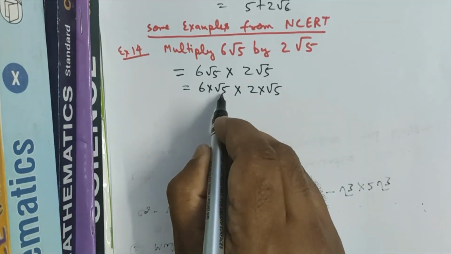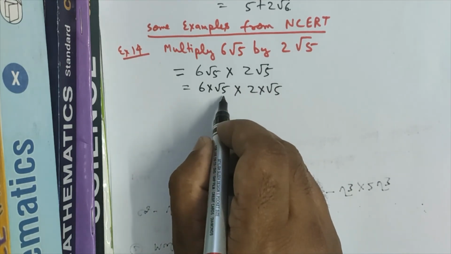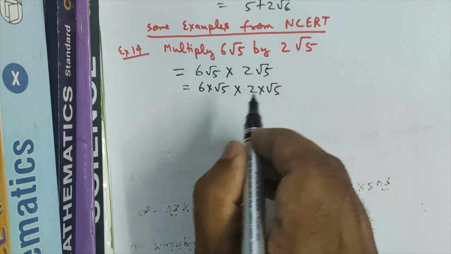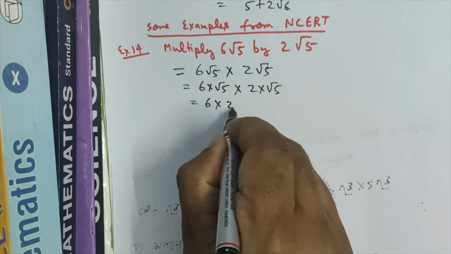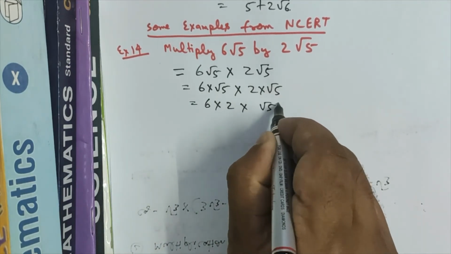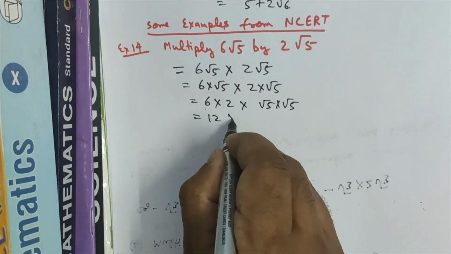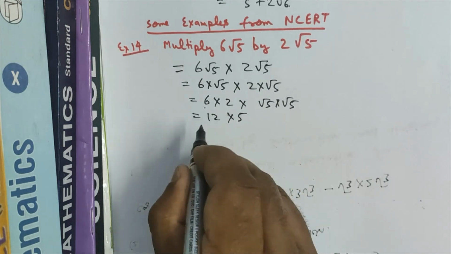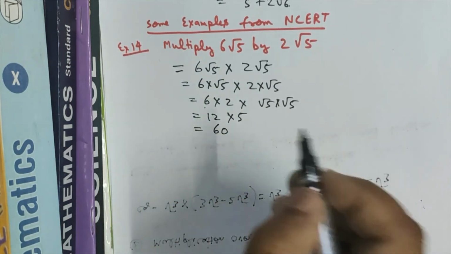Now this root 5 and root 5 multiplied together will be equal to square root of 5 into square root of 5, which is 5. So we can write it as 6 into 2 into root 5 into root 5. Here 6 twos are 12, multiplied by root 5 into root 5, which is 5. 12 into 5 is equal to 60. Answer.